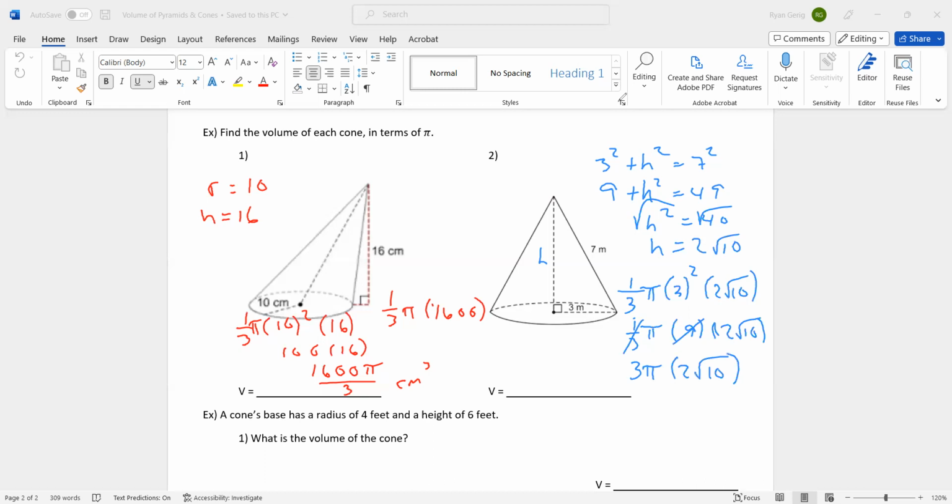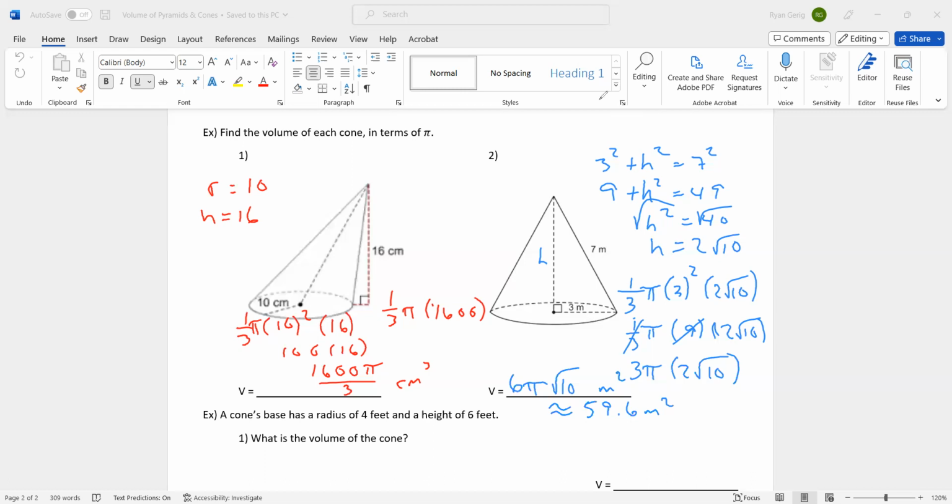So that would be 6 pi radical 10 in simplest radical form, meters cubed. If I wanted to round that, I would go 6 pi times radical 10 and get 59.6 meters. Okay, so sometimes you do have to find the altitude or the height. Hopefully it's not too hard there.